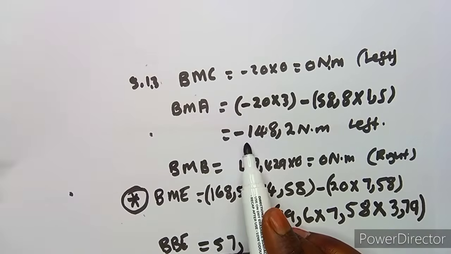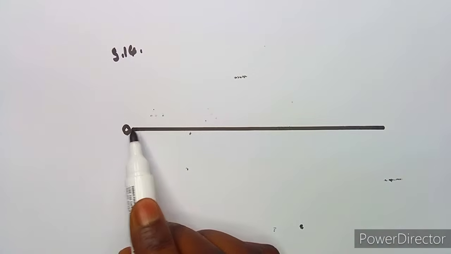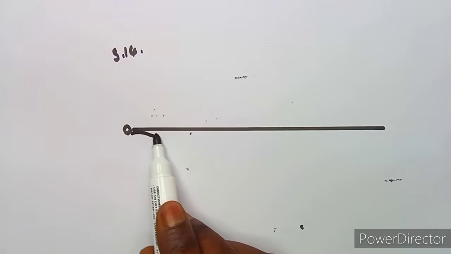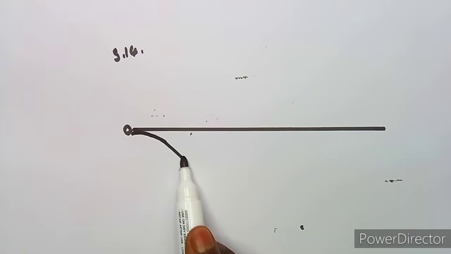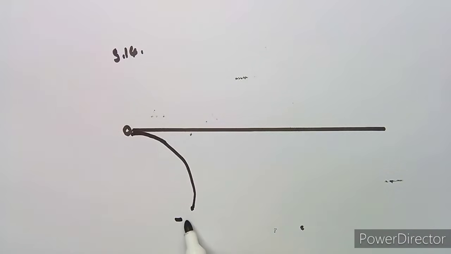So we shall have a distributed up to negative 148. Remember, a distributed load is supposed to be a curve like this, up to negative 148.2 Newton meter. So this is actually at A.